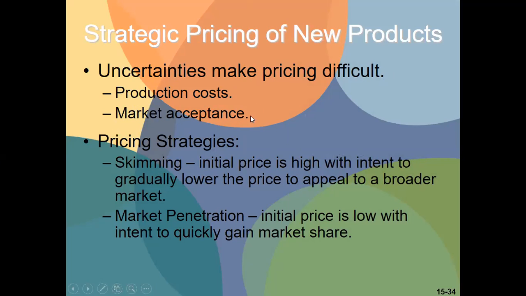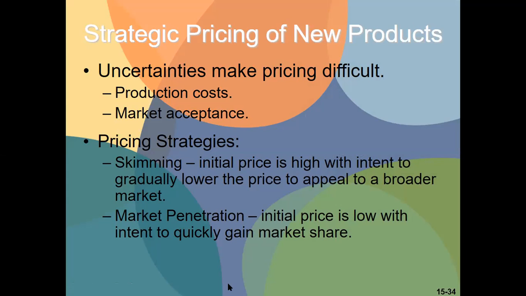Again, there could be more production costs plus the other costs considered, and the market acceptance or acceptability. Will the general public or targeted customers or consumers accept the new products introduced to the market? And what if there are strong competing products? So in that sense, there could be some concerns about market acceptance.